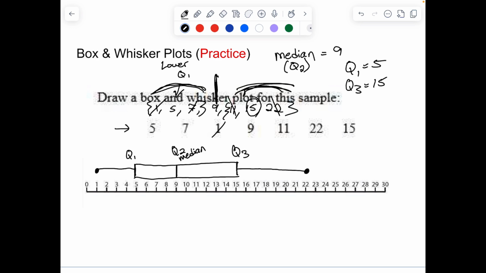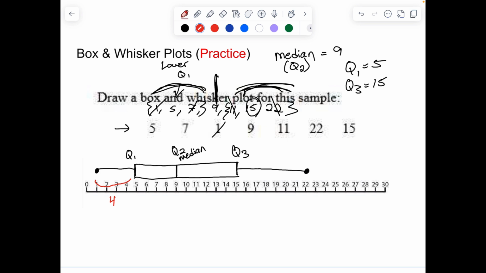Now if we're looking at our box and whisker plot that we just made, and we had to figure out what type of distribution this was, we're going to look at our whiskers. We see that the whisker here is 1, 2, 3, 4 numbers, a range of 4.